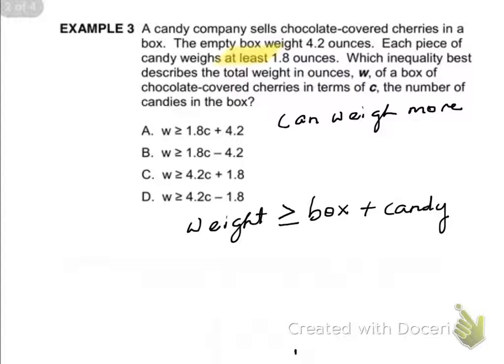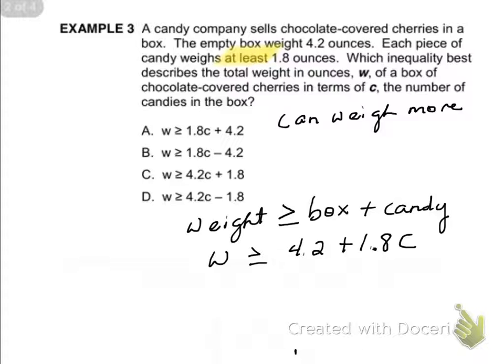Now let's put it in symbols. We have W is greater than or equal to. Now they give us the weight of the box, which is 4.2, plus each candy is at least 1.8, so it's 1.8 times however many candies there are in the box.